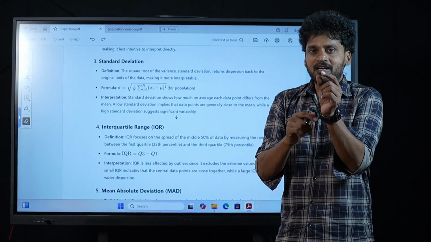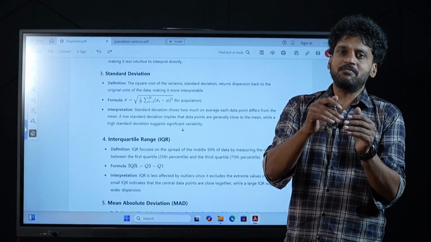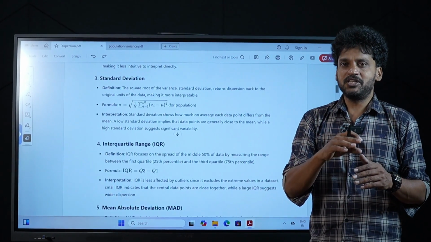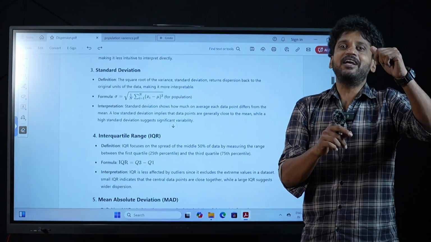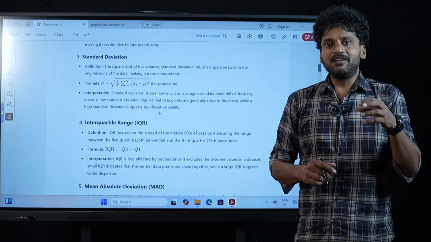When the mean is getting subtracted from a higher value, what will be the result? The result will be a negative value.